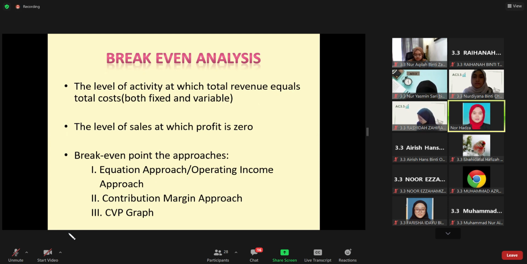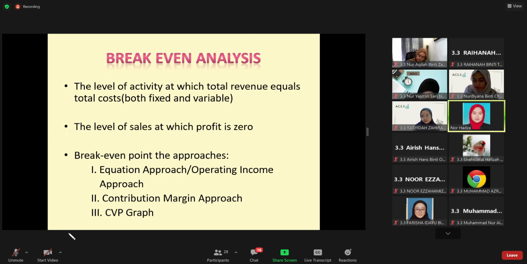That will bring us to the break-even point, the level of sales at which profit is zero. At this point, we know that there will be no profit or no loss. To calculate the break-even point, there are three ways.